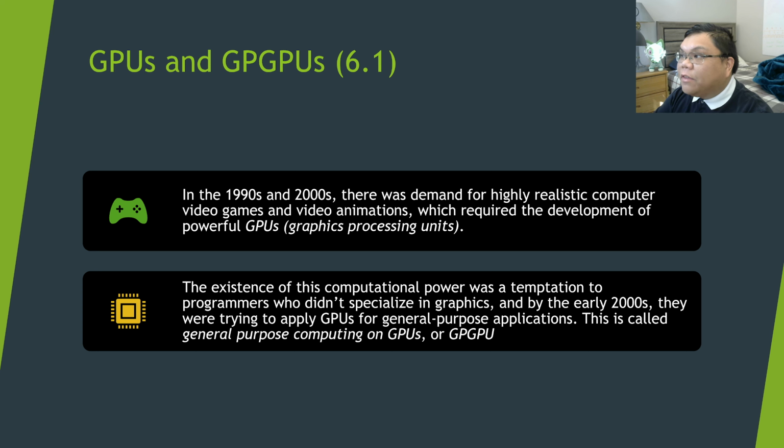But now we have two separate things on a computer. We have the CPU and the GPU. What was also happening during this time is people wanted better graphics out of their graphics processing units. So there was demand for more powerful GPUs.